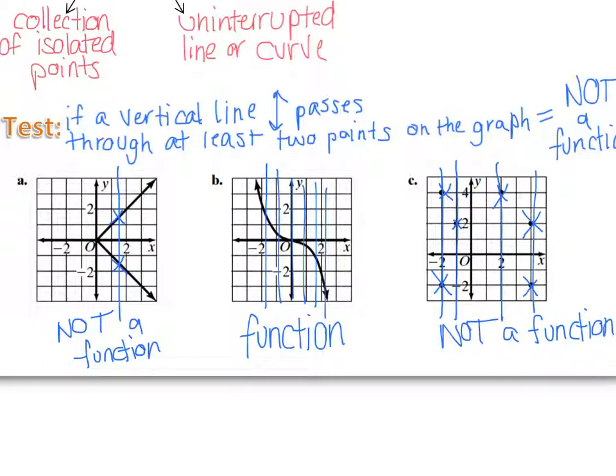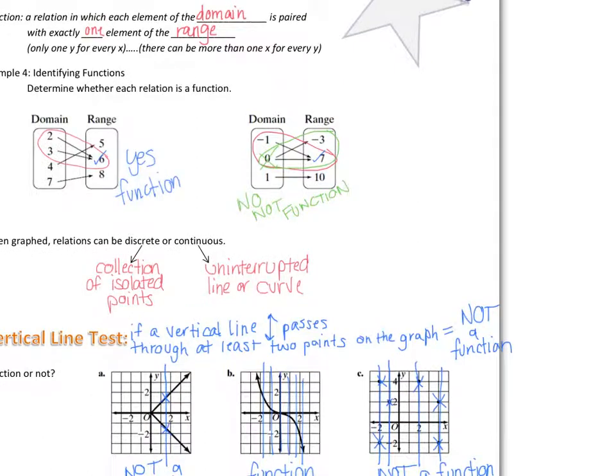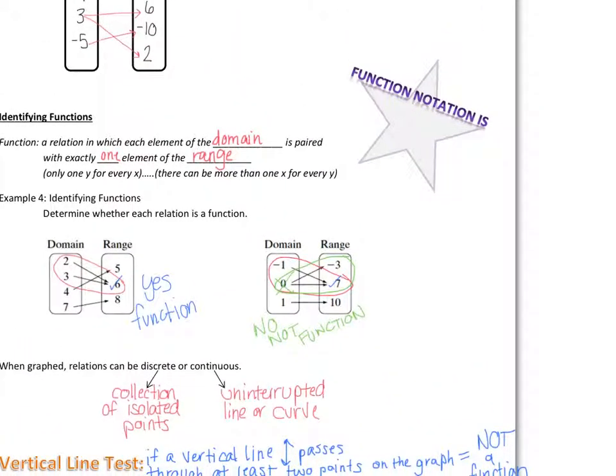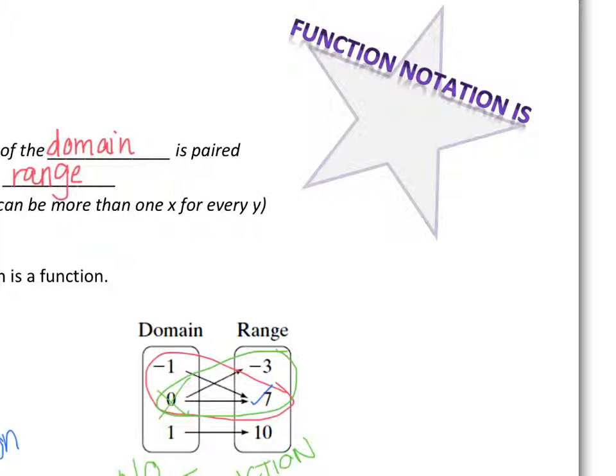Okay, so the ones that are functions get their own special notation. Like B would be able to use this function notation. Anybody know what it looks like? It looks like f parentheses x close parentheses. Now, you need to know that this is not multiplication. It's just a name.